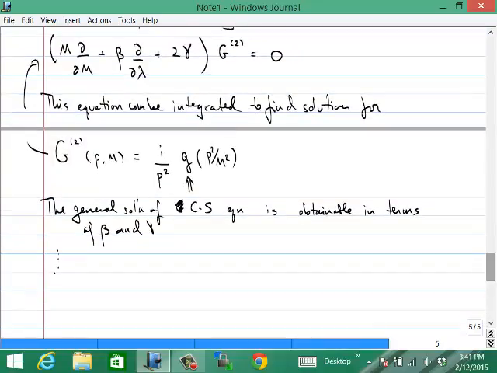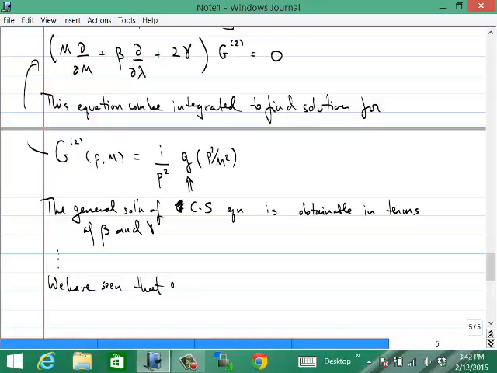Just to summarize, we have seen that in Wilsonian effective theory, you have the beta function which tells you the dependence of the coupling constant on scale.